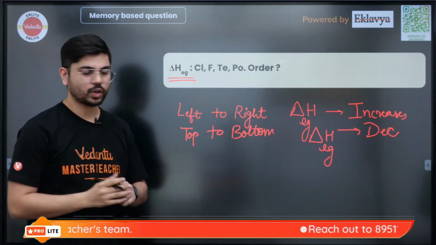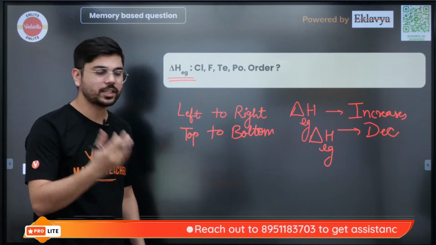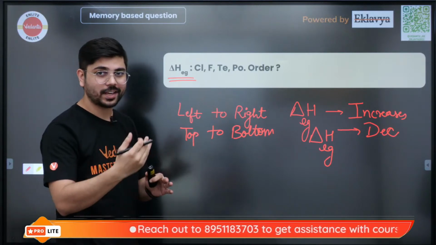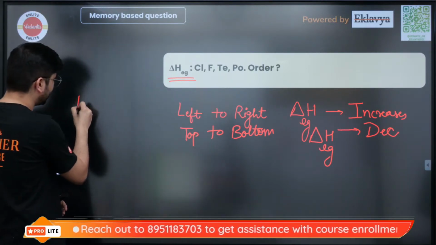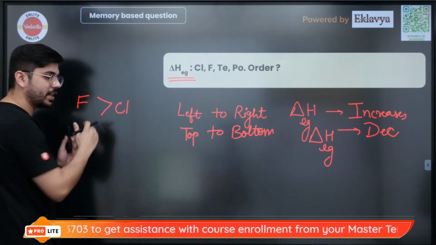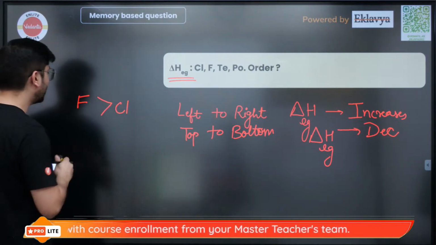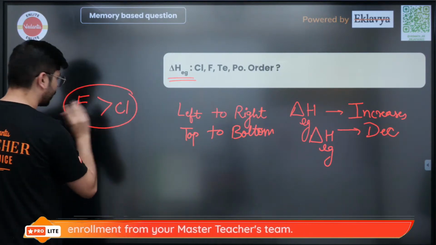So if we had to find out the order, I would normally think that fluorine is greater than chlorine, meaning fluorine is going to have a greater negative value than chlorine, but we all know this order is wrong.